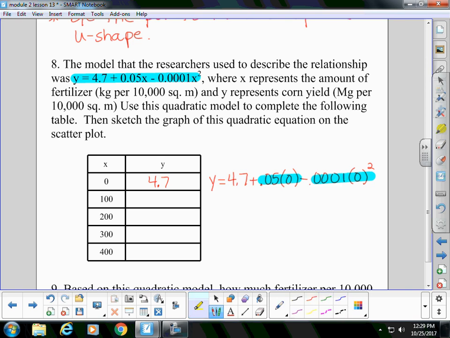Now you guys should be doing this with me and trying it. Make sure you understand how to put in your calculator these numbers with the x squared. For the next one, you're going to change the 0 into 100. So 4.7 plus 0.05, and now I'm changing these to 100, minus 0.0001 times 100 squared. Notice my square is outside of my parentheses.